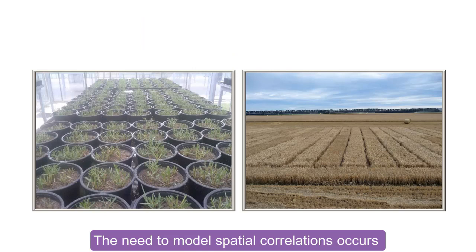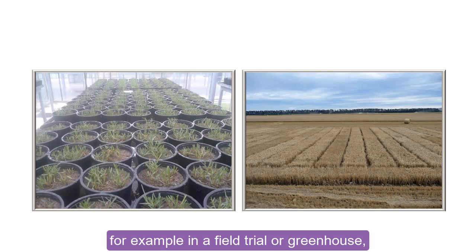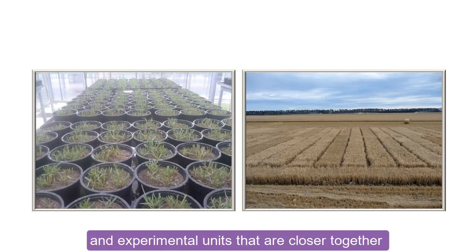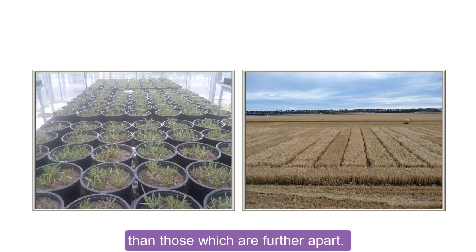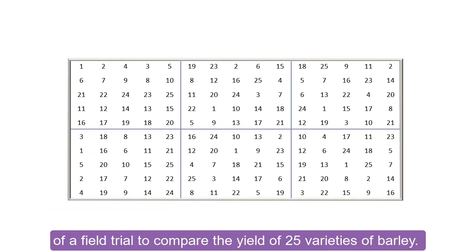The need to model spatial correlations occurs when the experimental units are laid out in a grid, for example in a field trial or greenhouse, and experimental units that are closer together experience more similar environmental conditions than those which are further apart. In this example, we're going to look at a spatial analysis of a field trial to compare the yield of 25 varieties of barley.